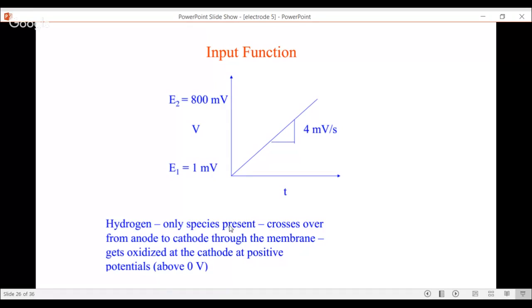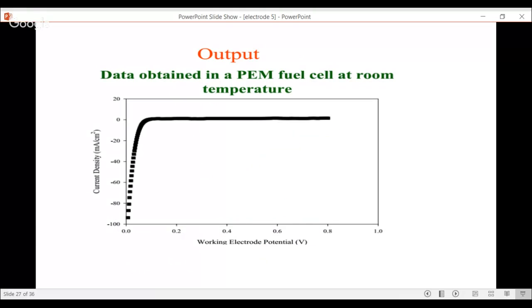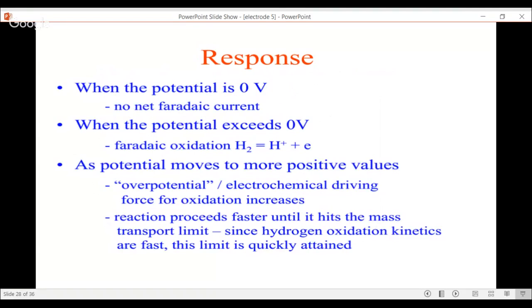Hydrogen is the only species present; it crosses over from the anode through the membrane to the cathode and gets oxidized at the cathode at positive potentials above zero. Okay, we will not deal with this here. We will take it up later when we are doing the PEM fuel cell. So when the potential is zero, there is no net Faraday current.